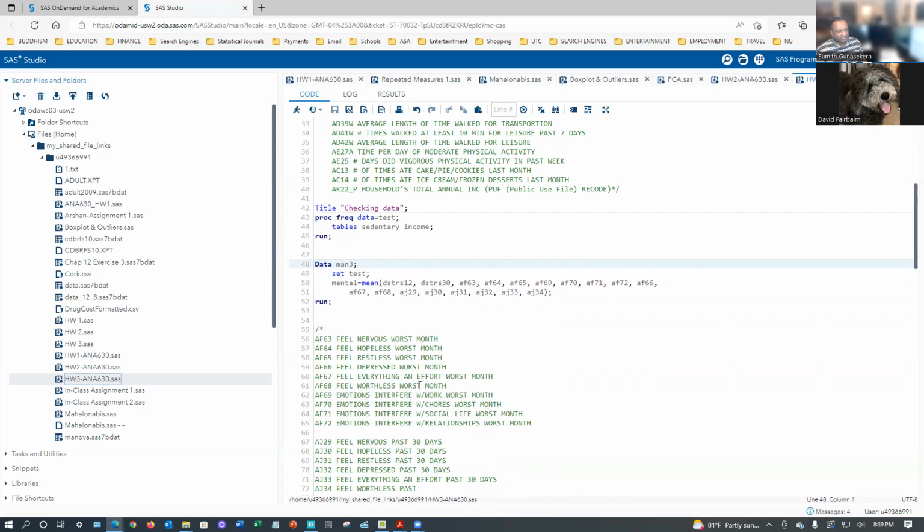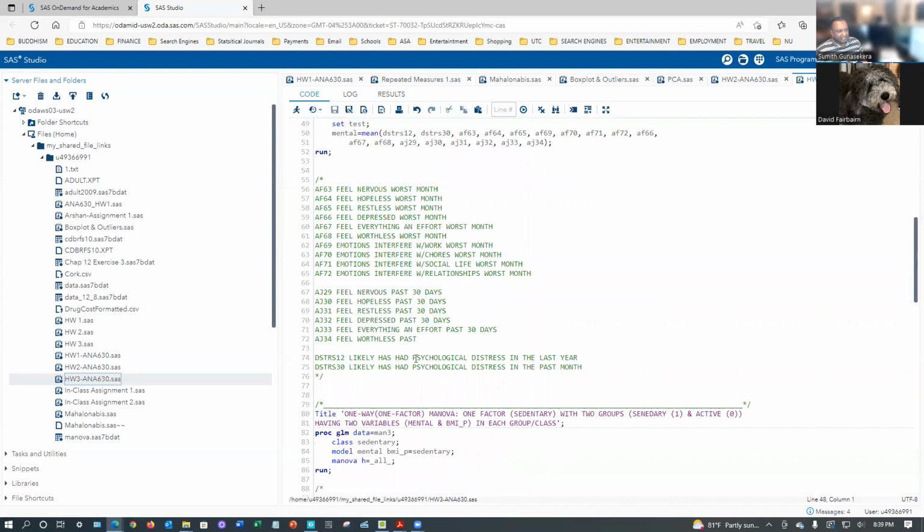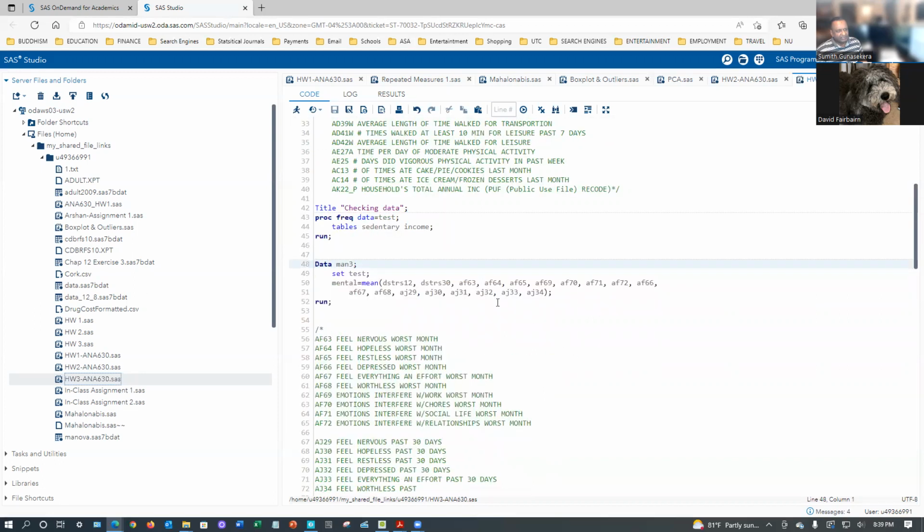Distress 12, 13: likely has a psychological disorder in the last year, likely has psychological distress in the past month; 63, feel nervous in the past month; 65, 69, feel restless, like that; 69, 70, 71, 72, whatever variables you feel will go together, you can do it like that, or you can keep them separate. It doesn't matter. It's not a big deal.